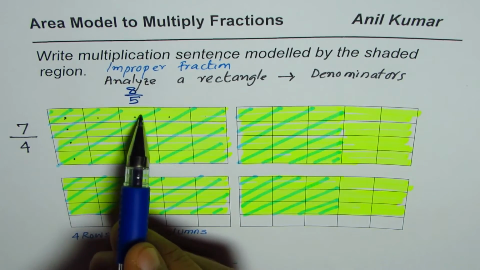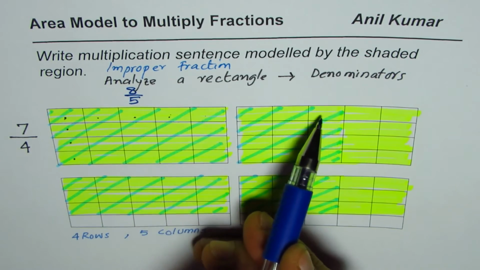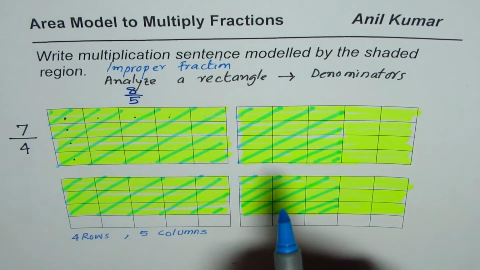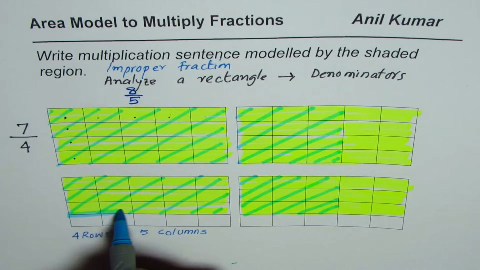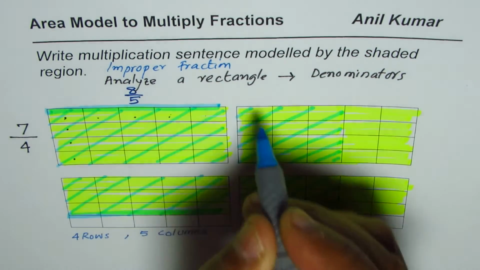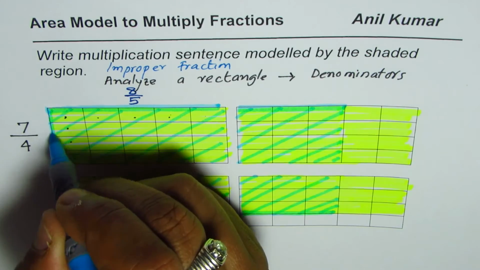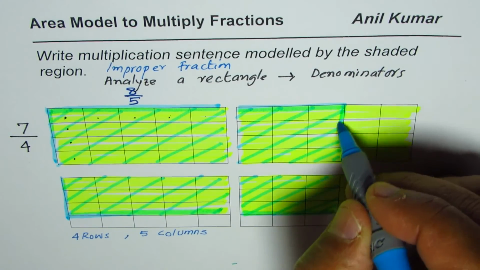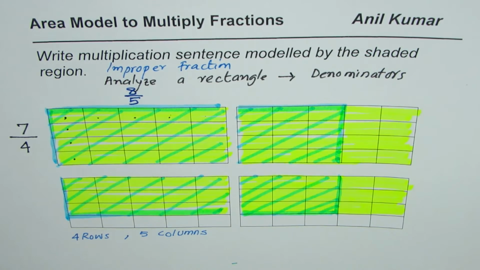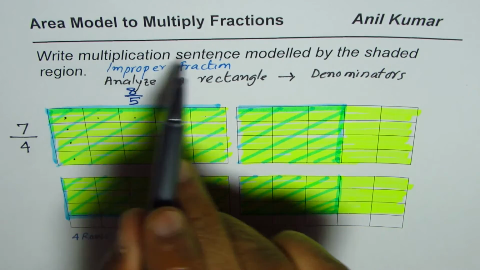And therefore the area of the portion represented here, this whole area, is the product of these two, and that is how we write our multiplication sentence.